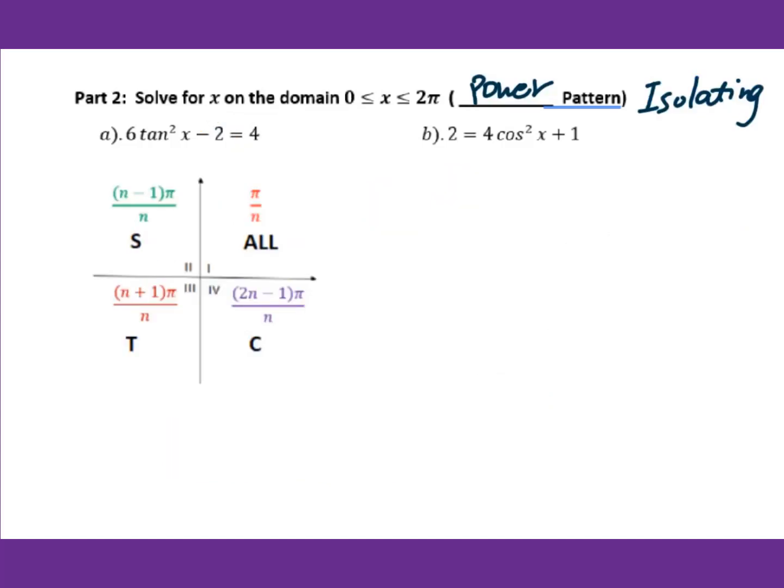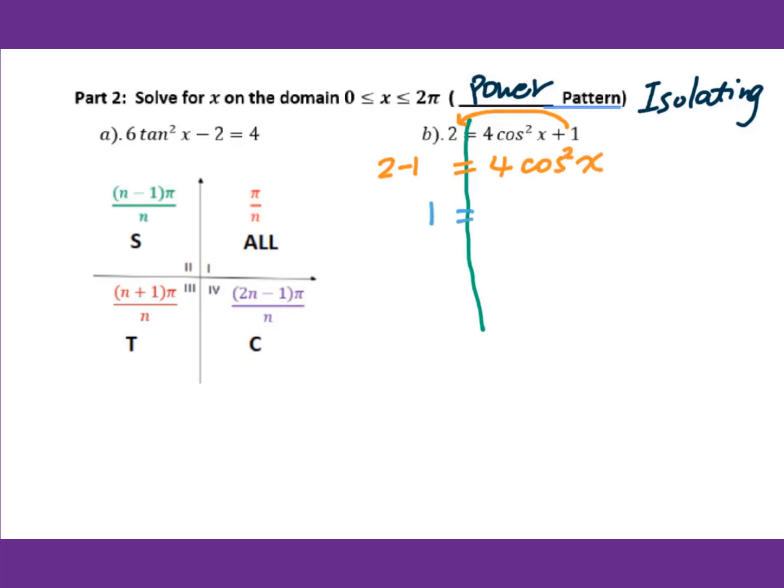Let's go to B. For B, it is still a power pattern, so you need to isolate this cosine squared x. First of all, you need to move positive 1 from the right side to the left side. You got 2 minus 1 equals 4 cosine squared x.